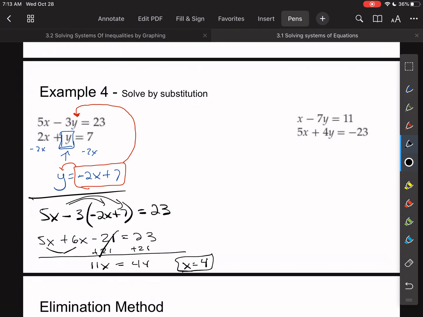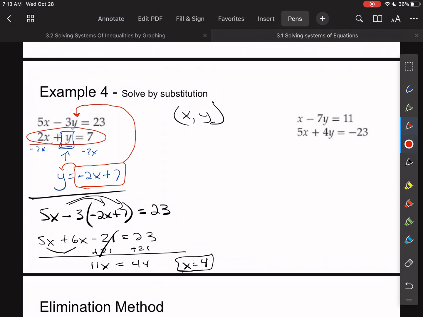Now that I have x is equal to 4, I have to figure out what the y value is, because your solution is going to be an x, y coordinate. I'm going to take this x value, and you can plug it back into either equation that you want. I'm going to plug it back into the first one because it looks a little easier.